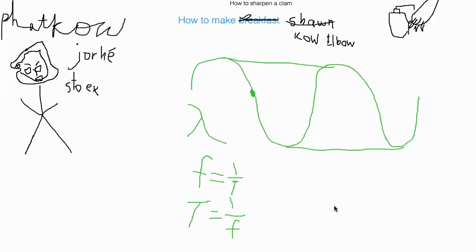So another equation we have is for the velocity of the entire wave. That equation is v, standing for velocity, equals the wavelength multiplied by the frequency.